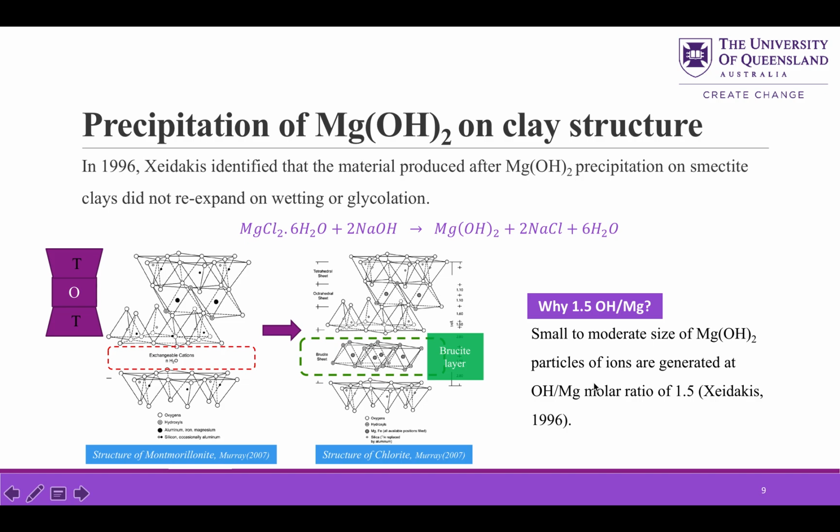And Zaccheus did identify 1.5 as a suitable molar ratio for magnesium hydroxide precipitation.